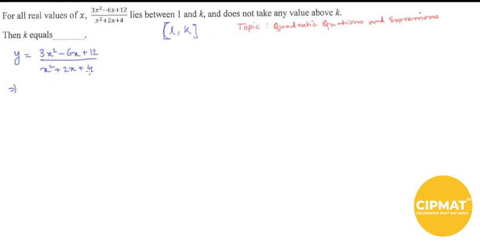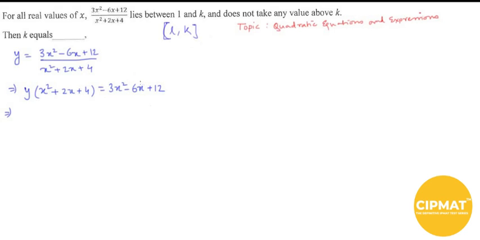So I'm going to take the denominator upwards there. So y times x square plus 2x plus 4 will be equals to 3x square minus 6x plus 12.